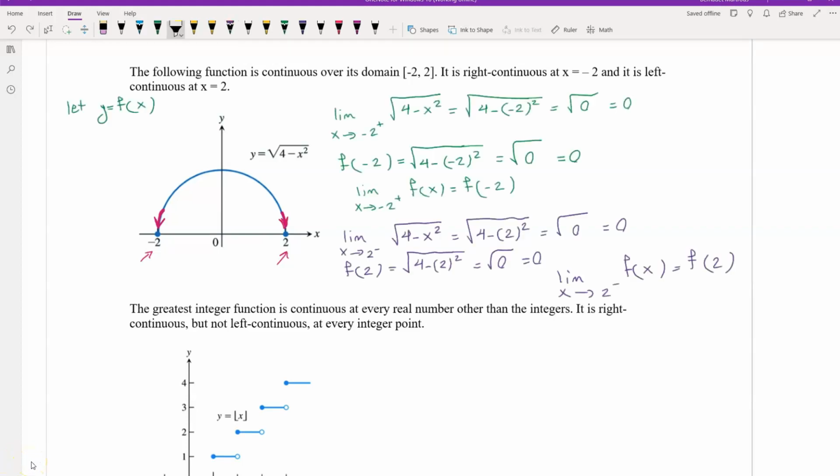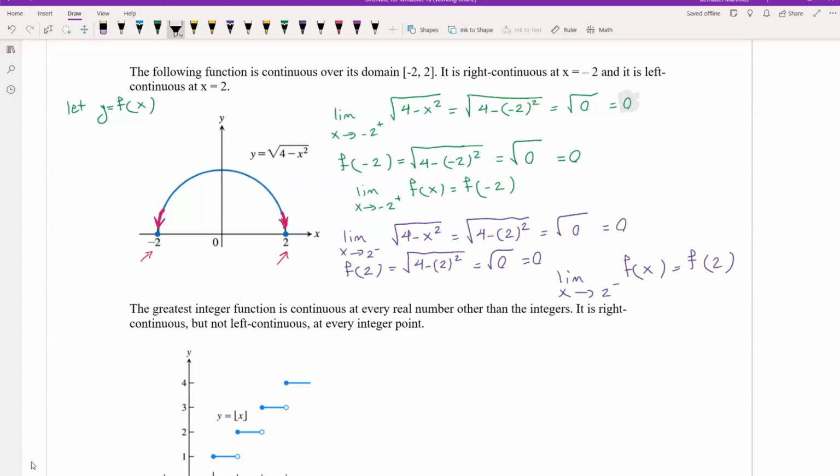So here, what I did on this part, finding the limit of our function as x approaches -2 from the right, that is equal to the square root of 4 minus, using -2 for x here and then using the second power, the square root of 4 minus 4, so it's the square root of 0, and the answer is 0 for this part.